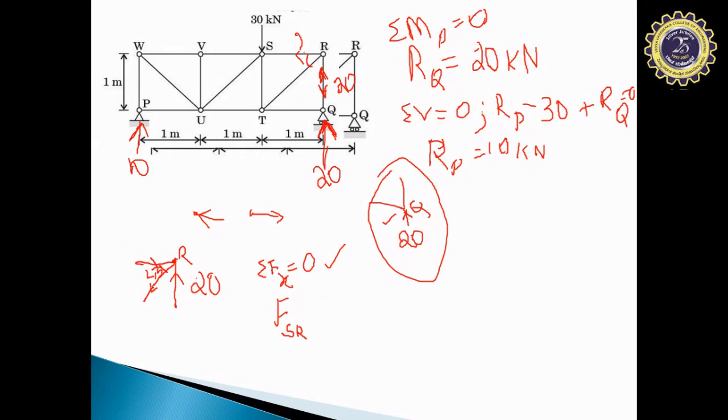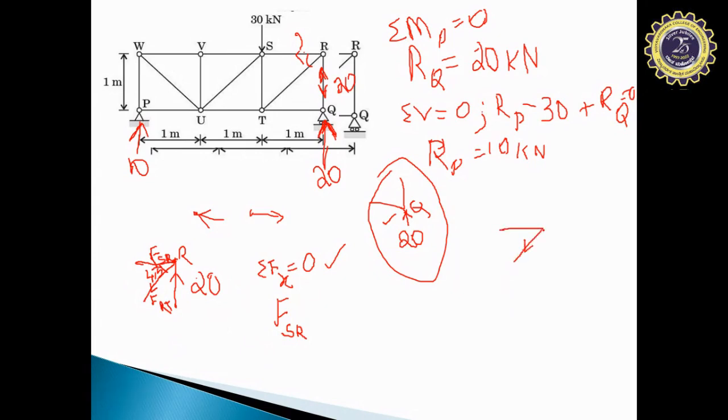Now if we resolve the force, let this be force RT, because it is the force coming in RT, and this is our force SR. Okay, so if we want to find out force RT, this is the force RT.